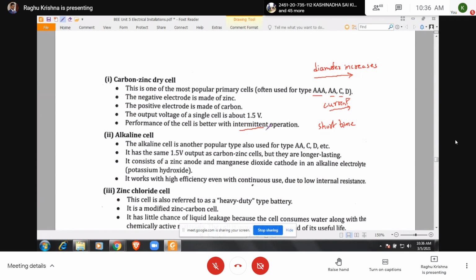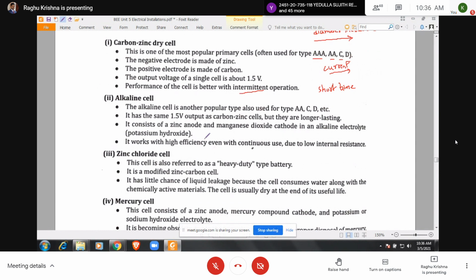If you use them continuously, their performance will not be better. If you want better performance, you have to use them intermittently and turn off the equipment.